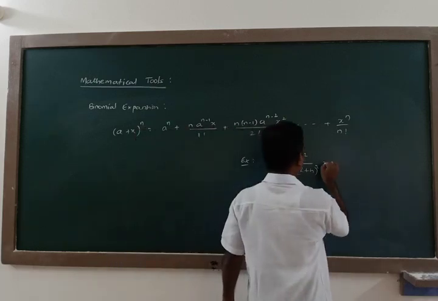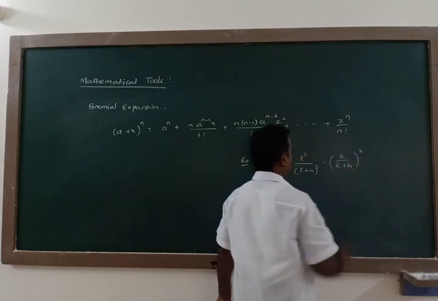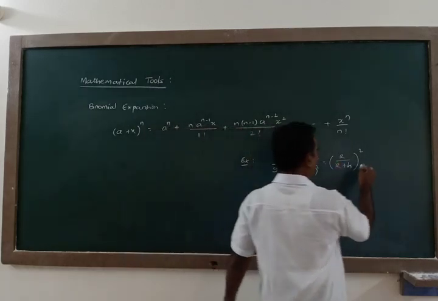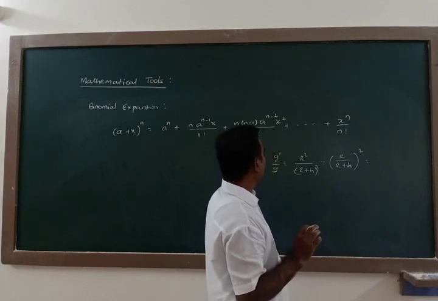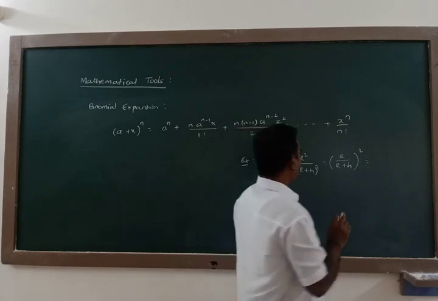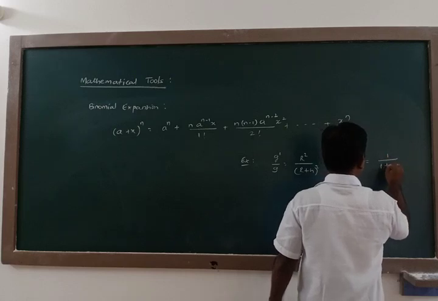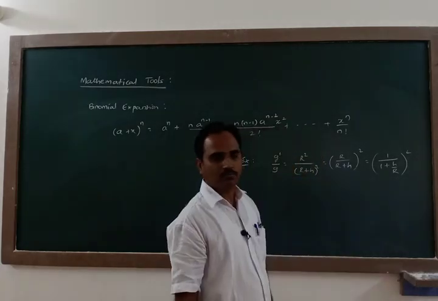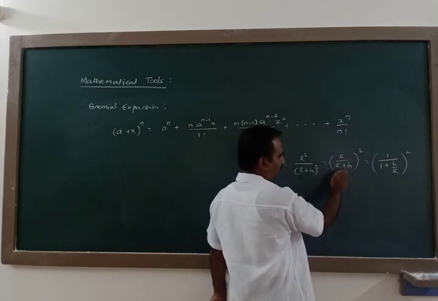So if I rewrite this equation, it will be like this: R divided by (R + h) whole squared. If I divide the numerator and denominator by capital R, it will be 1 divided by (1 + h/R) whole squared.